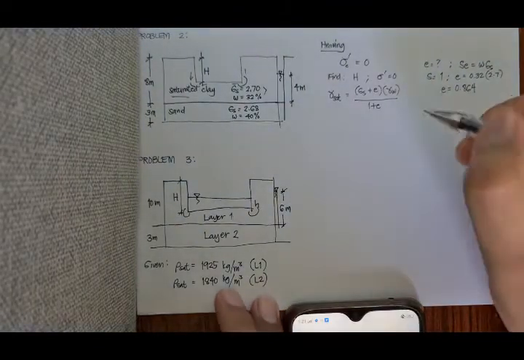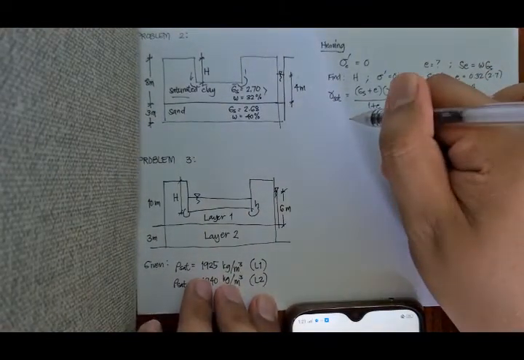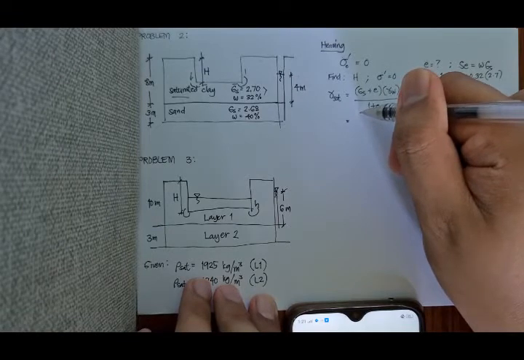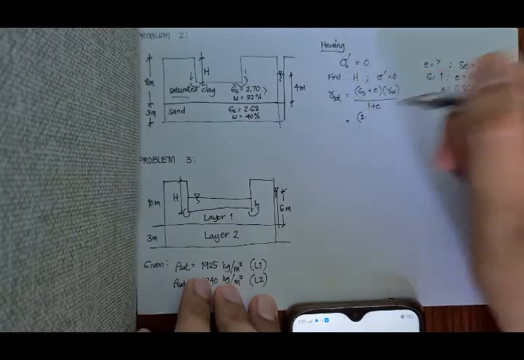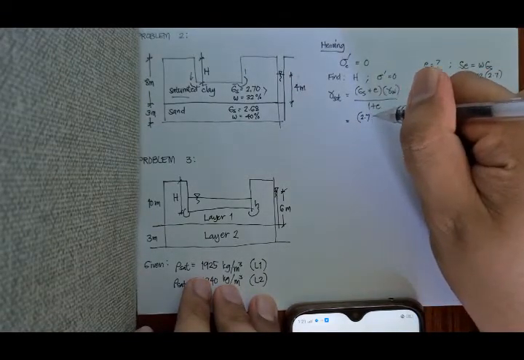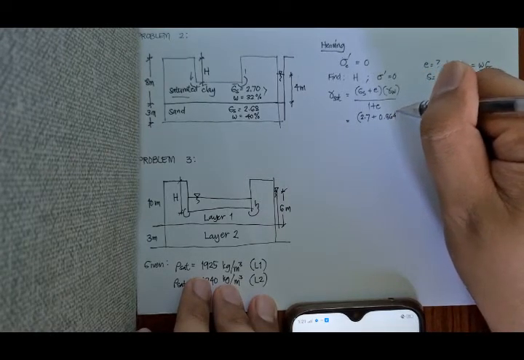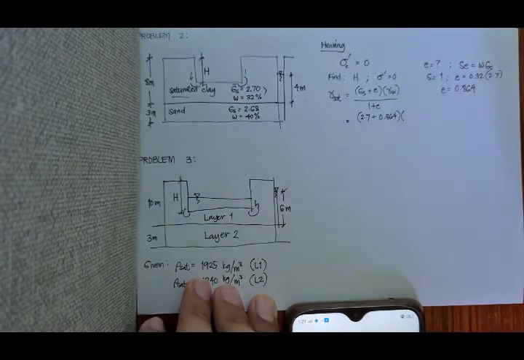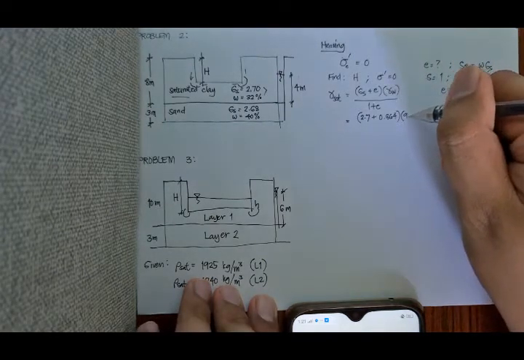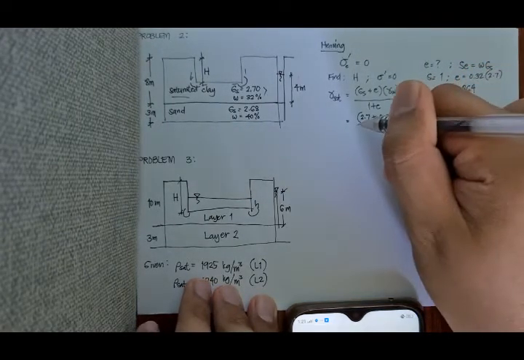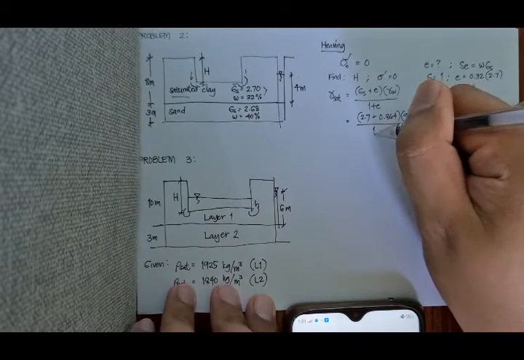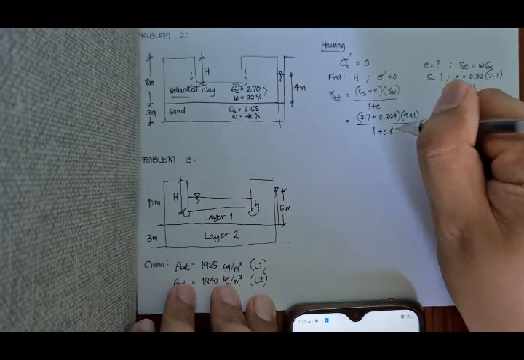Okay. So, ang saturated unit weight natin ngayon is equal to 2.7 plus 0.864 times unit weight of water na 9.81 all over 1 plus 0.864.